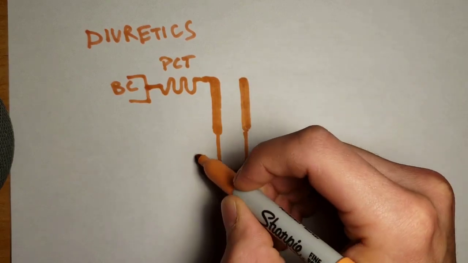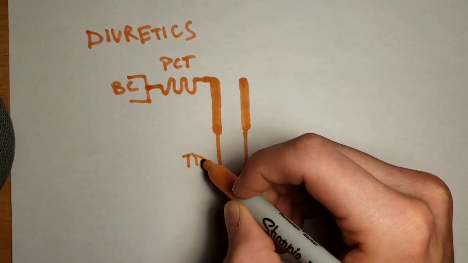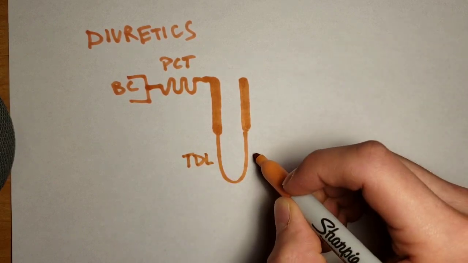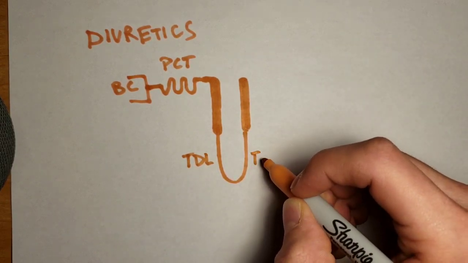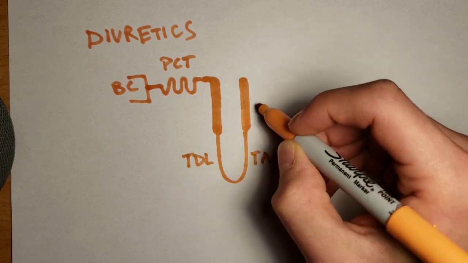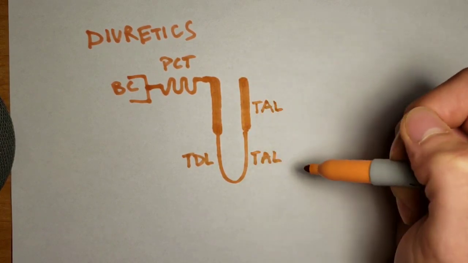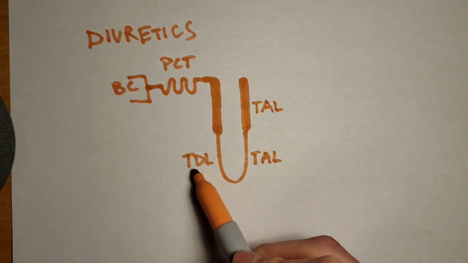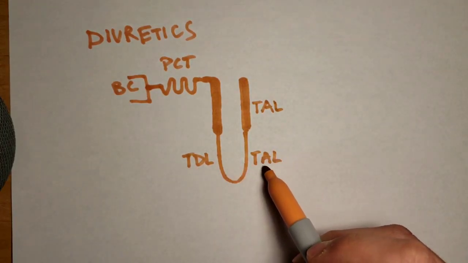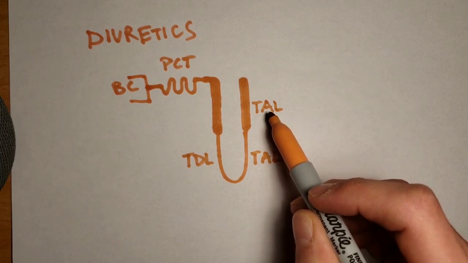Here we have our thin descending limb. Here we have our thin ascending limb. And here is the thick ascending limb. Thin descending limb, thin ascending limb, thick ascending limb.